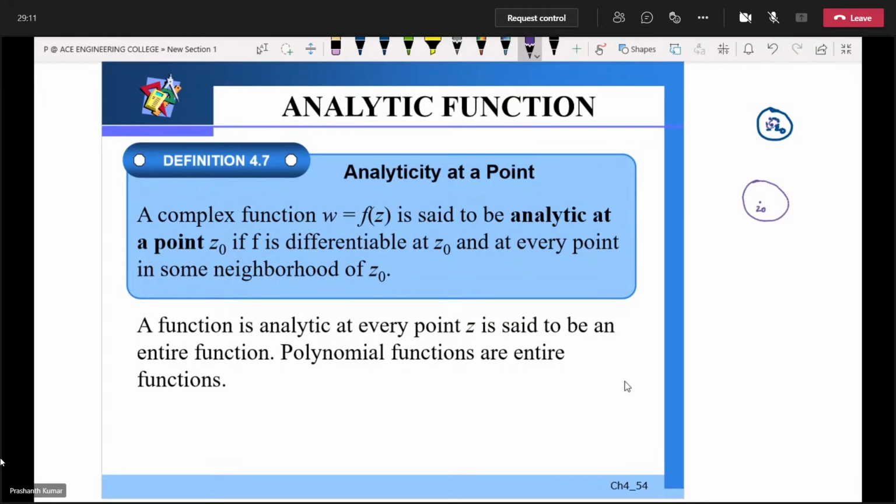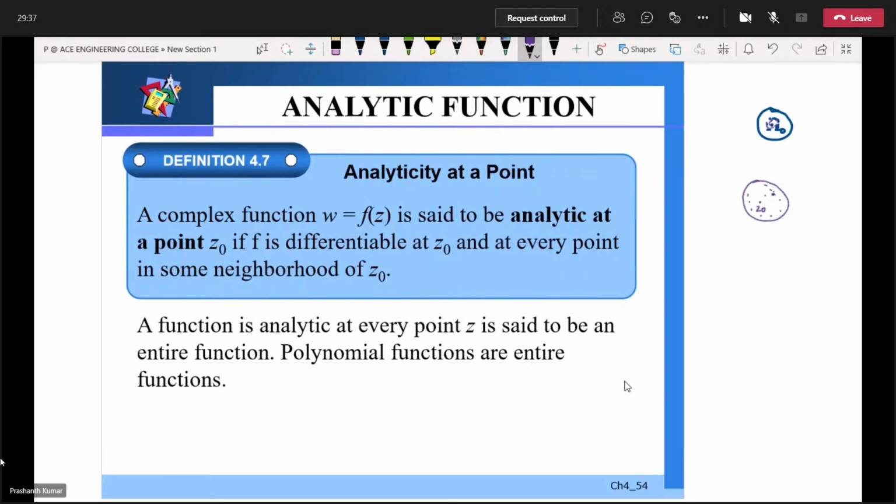At this point the function is analytic means what? Everywhere in this domain, in this neighborhood, the function is analytic. Suppose this is the neighborhood of z naught, and this is the point z.